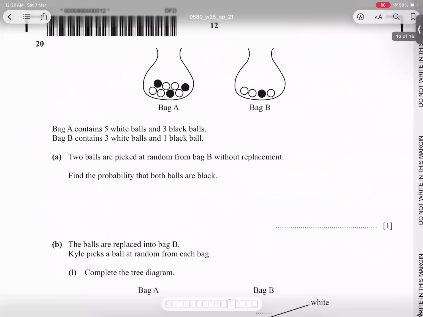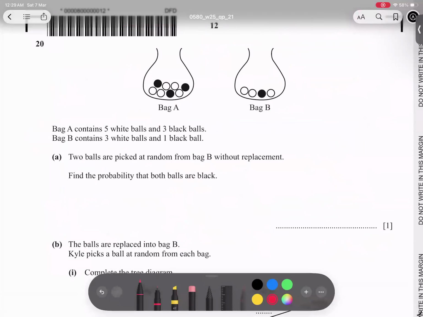Number 20. So the question we have here, students, is saying bag A is clear, bag B is clear: 5 white, 3 black in one, 3 white, 1 black in the other. He said 2 balls are picked from bag B only. We are not caring about A. He said without replacement. When I take 1 ball out, I will not put it back inside. I'll keep it outside. So both balls are black. What is the first chance?